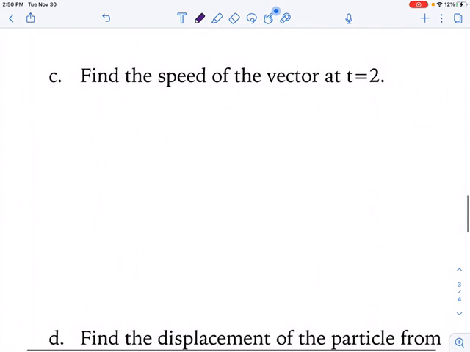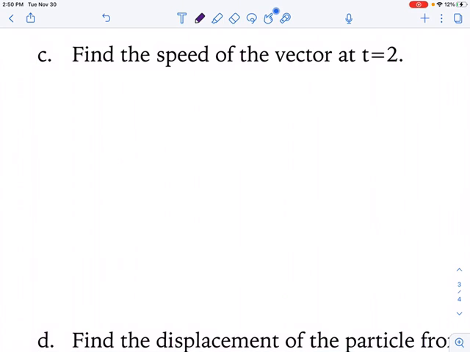Okay, now let's find the speed of the vector.